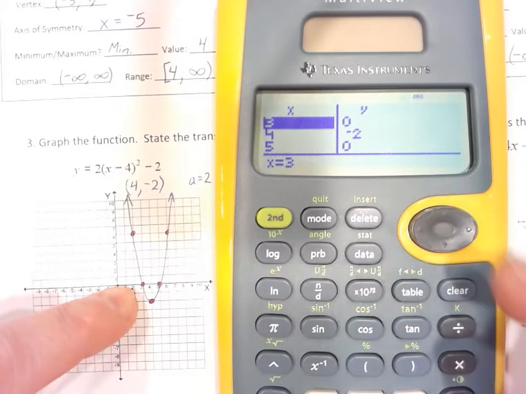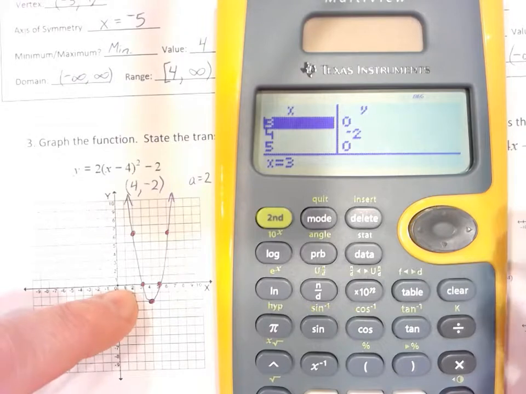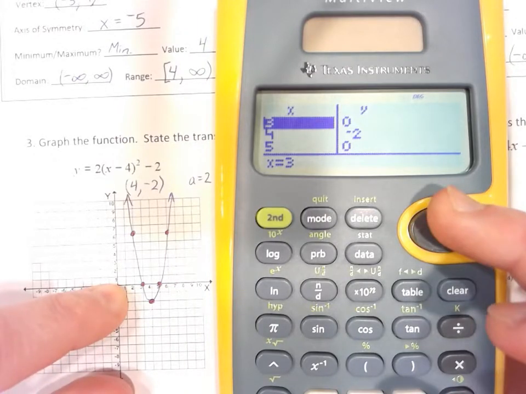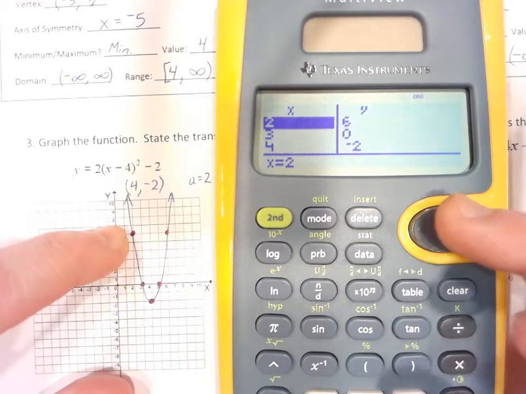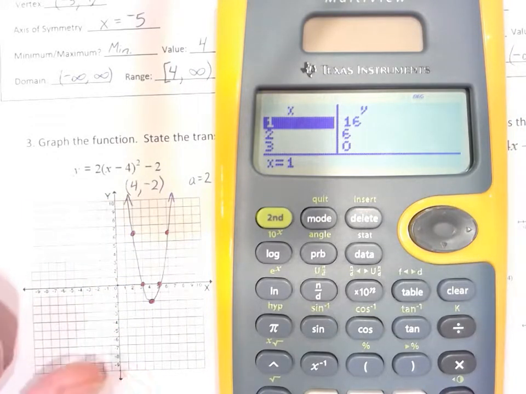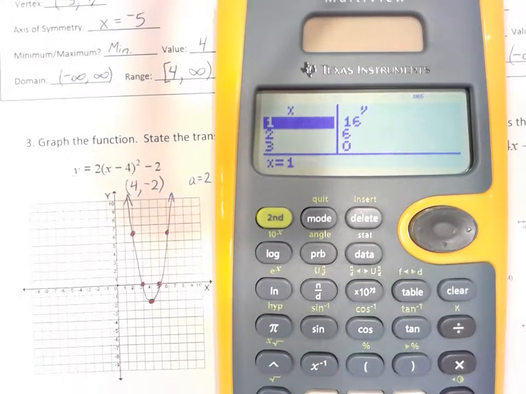Notice if I had plotted these points, I could tell my vertex is right in the middle of those, and 2, 6. 1, 16 goes off the graph. So we can use the calculator either to help us plot the points or to check our answer at the end.